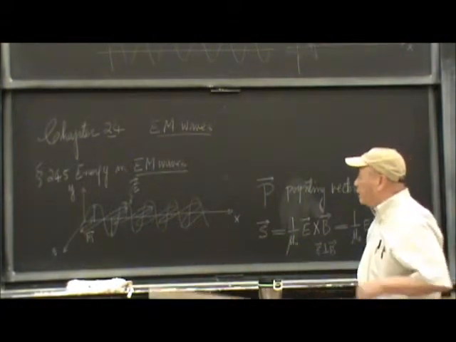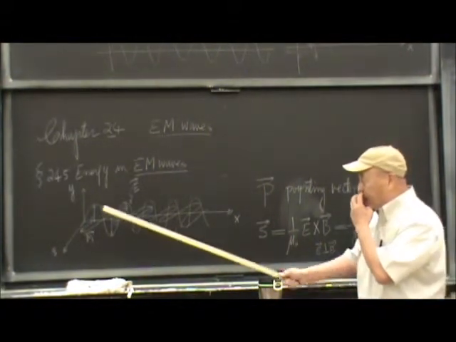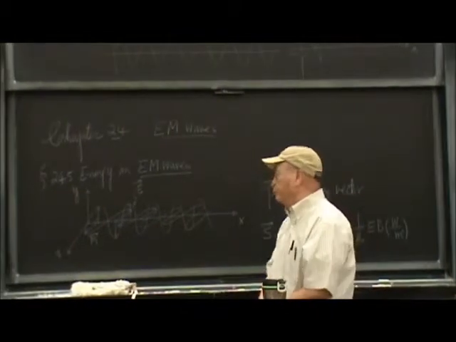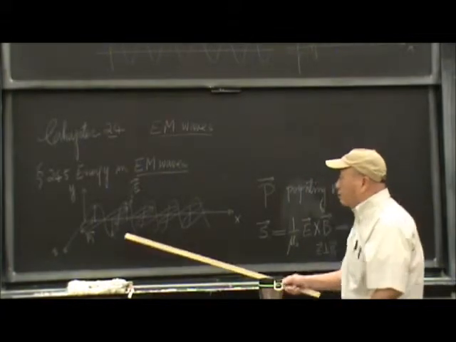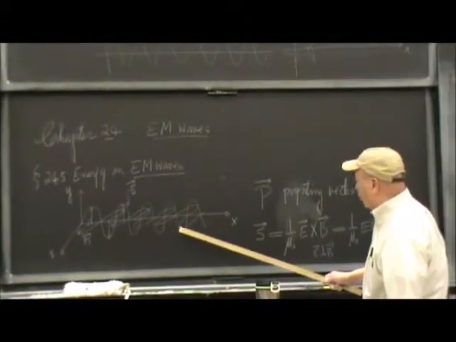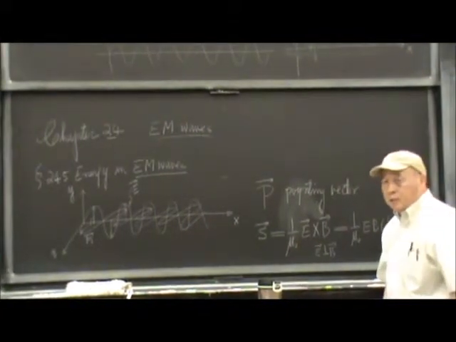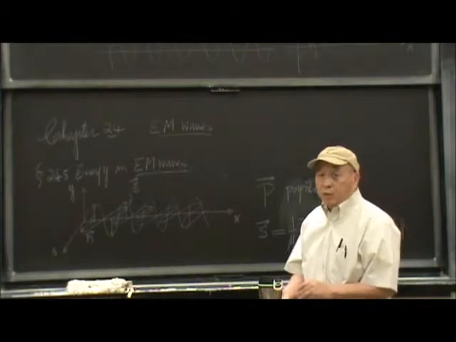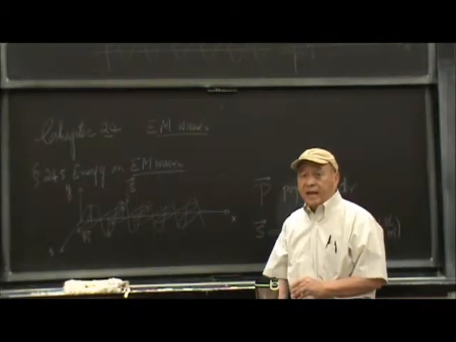Chapter 24 is on EM waves. Right now we're talking about the energy for EM wave propagation. Basically, an EM wave oscillating like this is almost like what we call the spring oscillation. When a spring oscillates, it has energy.